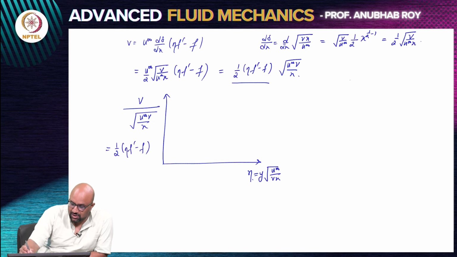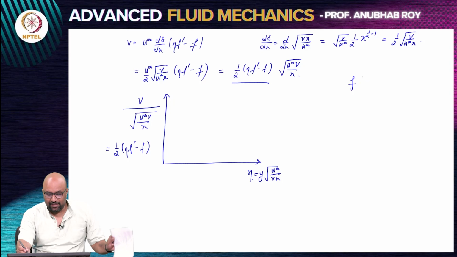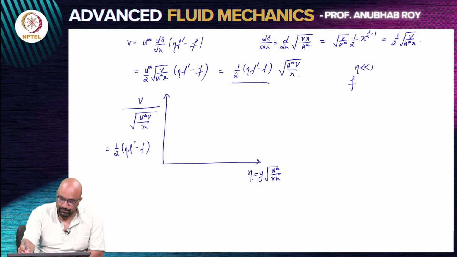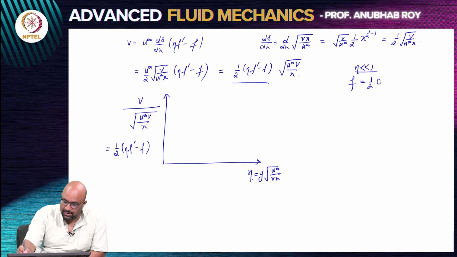Now, what happens for small eta? When eta is small, f was half c1 eta square. So if I try computing this term, f prime would be c1 eta.